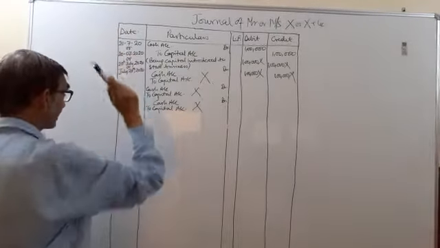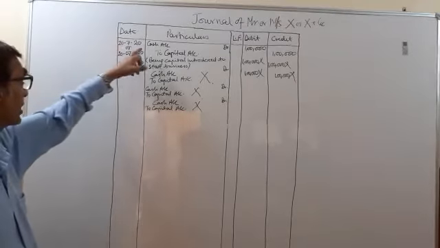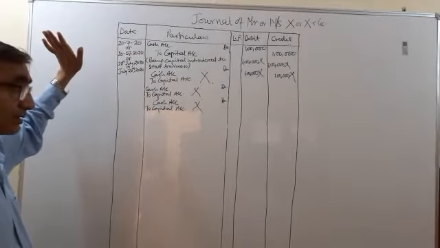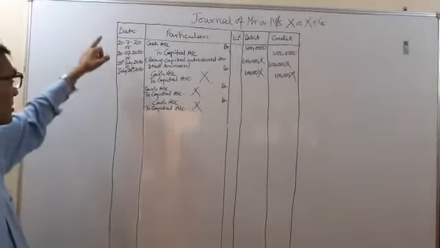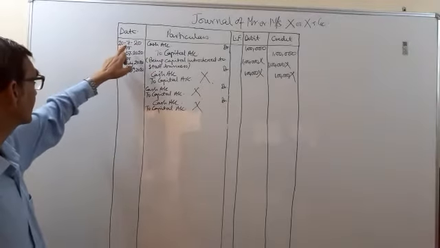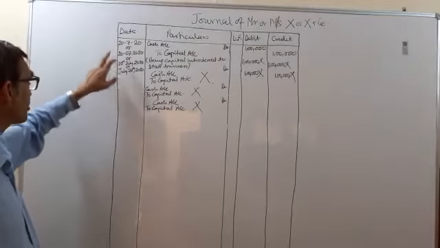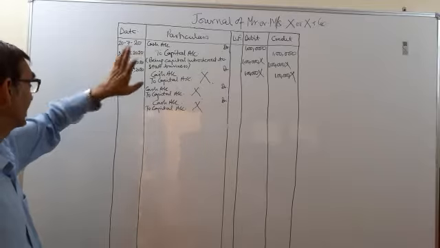Now, how to write the date? In general, you can write the date in this way. Say the date is 20th of July 2020. Simple way, 20-7-20. Or you can write 20-07-2020.